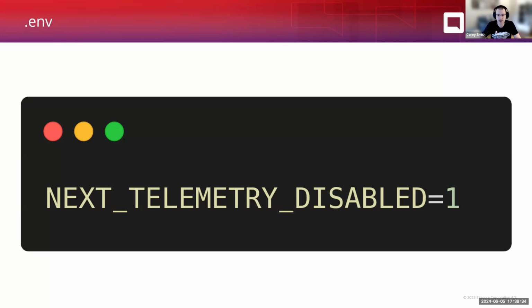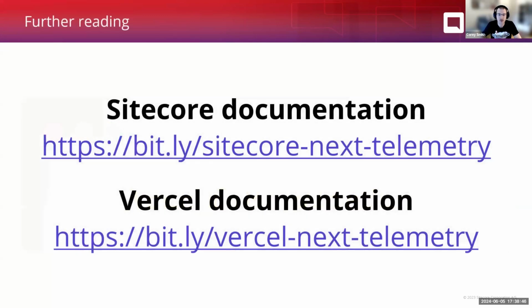But a lot of people don't want telemetry captured on their servers. So set this, check it into source control, and you're done. You don't have to worry about Next.js telemetry anymore. Sitecore's got a bit of documentation on it that you can see here, and Vercel's got documentation on it as well. There are other ways to turn it off, but that's by far the easiest one, I think.